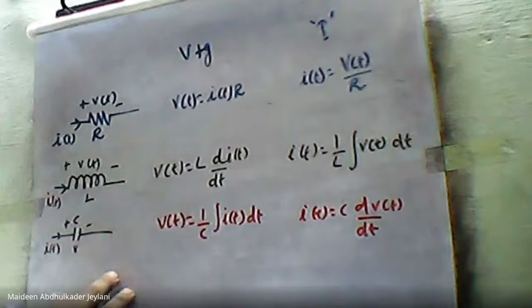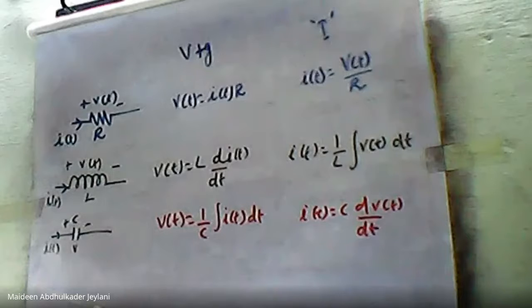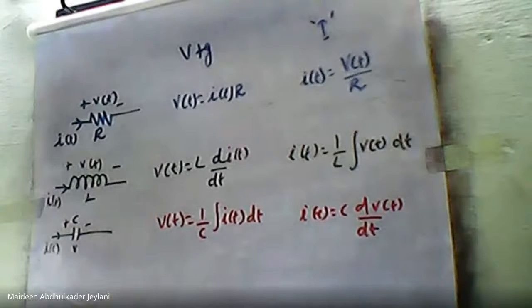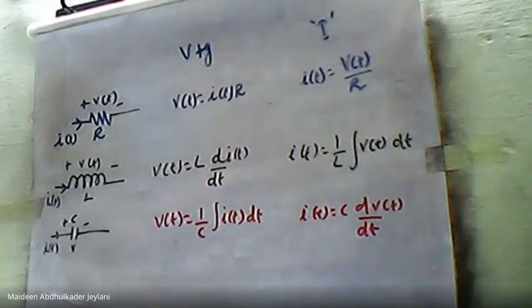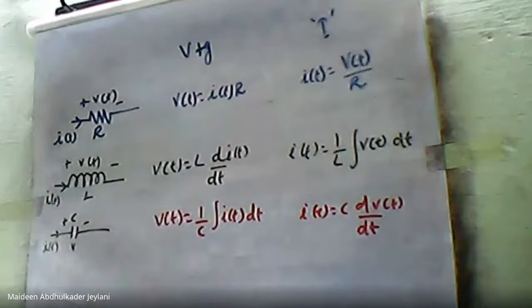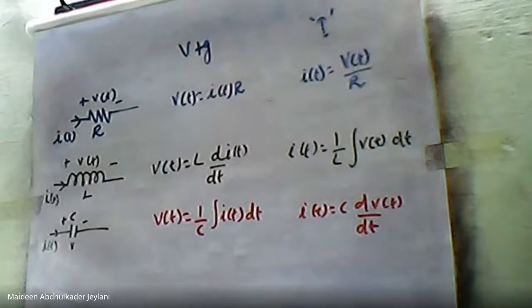For Kirchhoff voltage law, we choose the various closed paths in a network. Then the transfer function can be obtained by taking the Laplace transform of the differential equation and rearranging it. We will get the transfer function of the particular system.